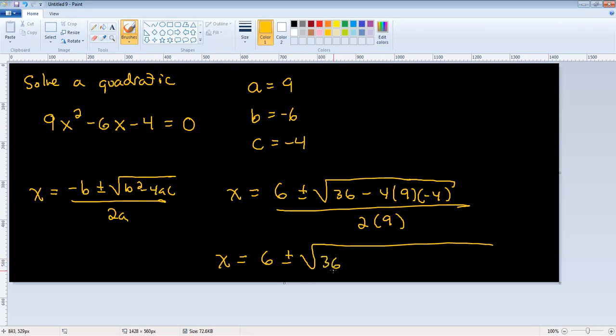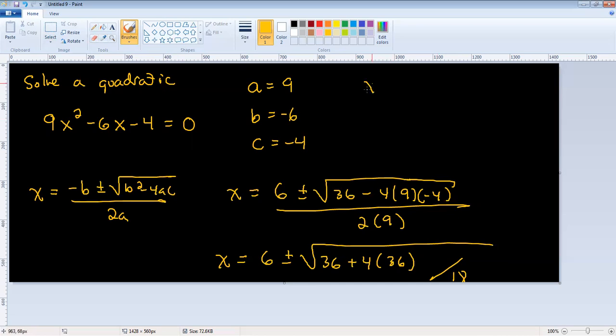This is going to be 36, but what is this? I think this is actually negative 4 times 36, or plus 4, right? Negative, negative. So 4 times 9 is 36, but then we have a 4 in front of it. And this is all divided by 18.